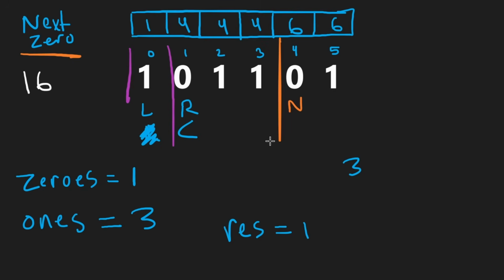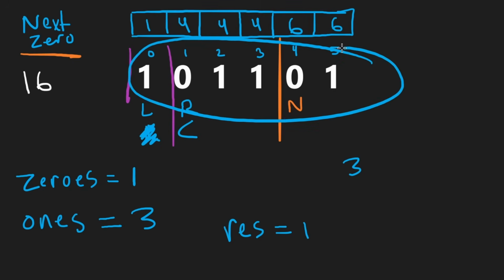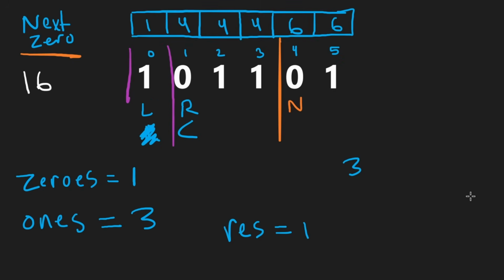But there is another case, and it's kind of hard to illustrate that with this example. So let me just change it and say, what if instead of this being a 1, it was actually a 0? Then it's clear that we definitely can't say all 3 of these windows were valid.